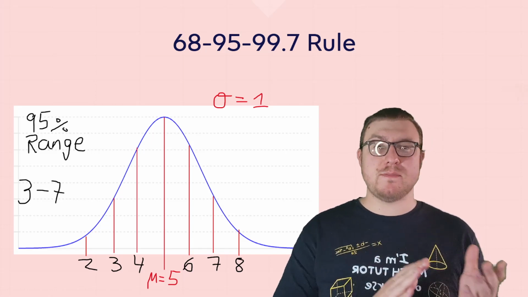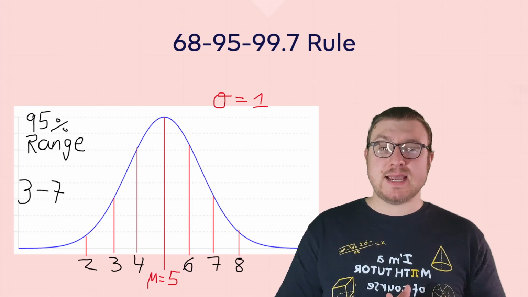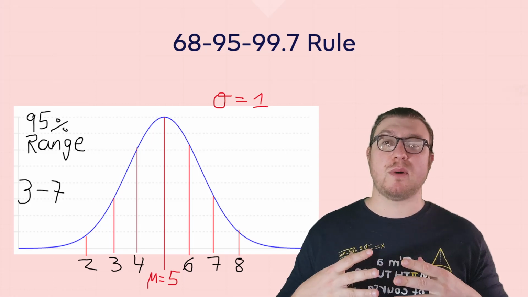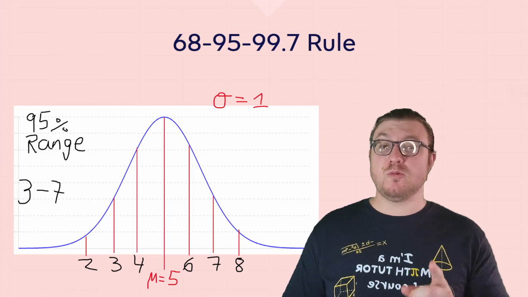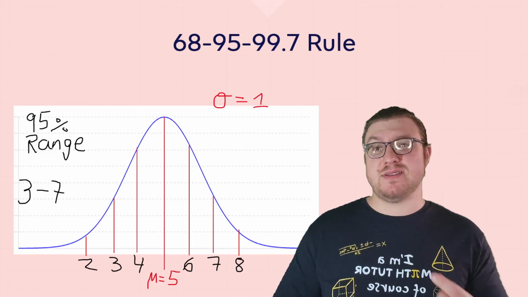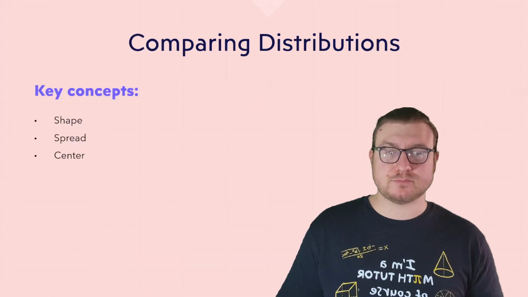There should not be much data outside this range. In the exam, you can use either of those two to answer your questions when you talk about the spread of a normal distribution. The 68 rule works similarly, but that's not what they want to see in the examination. They want to see these higher percentages.